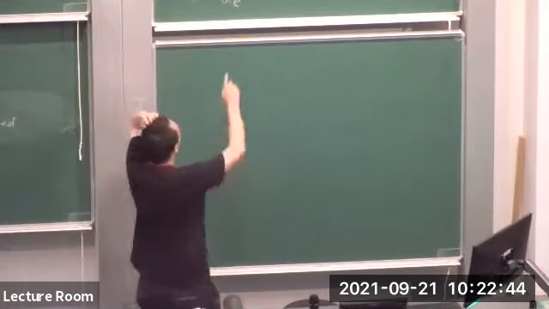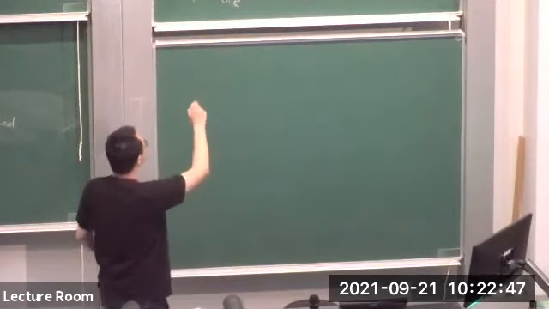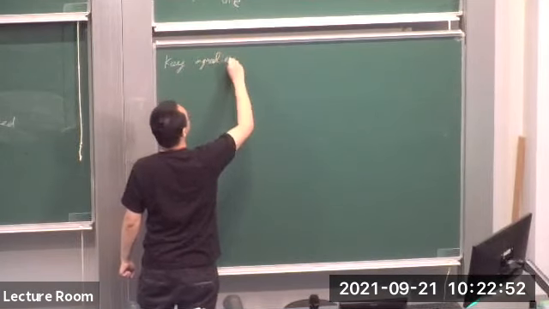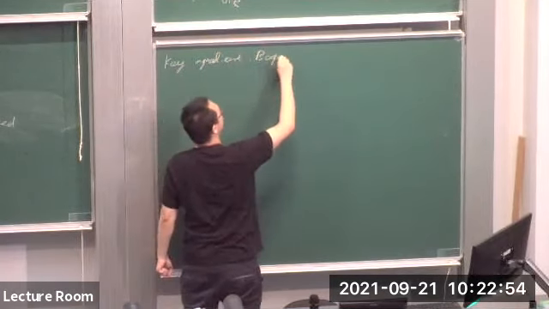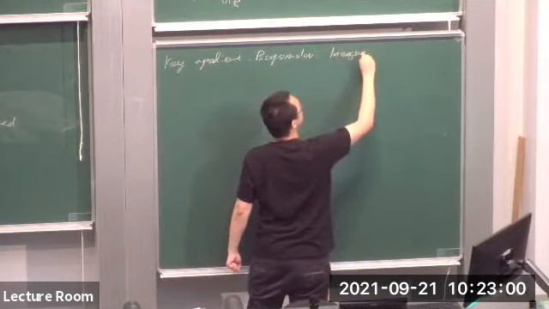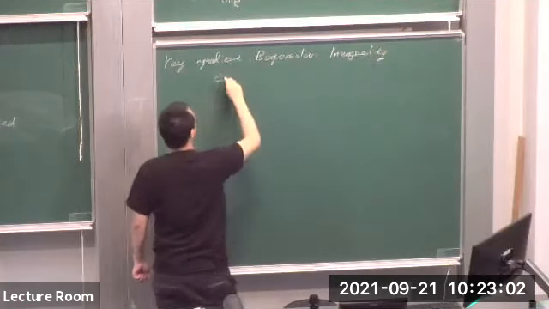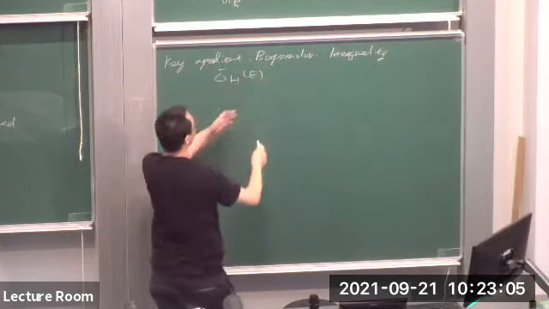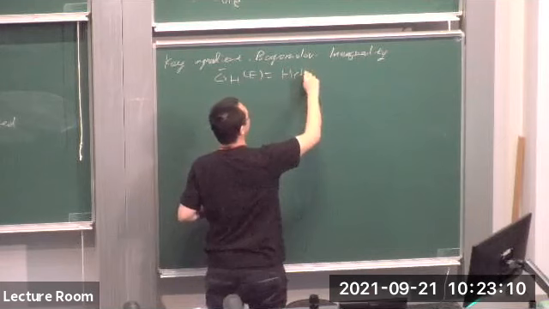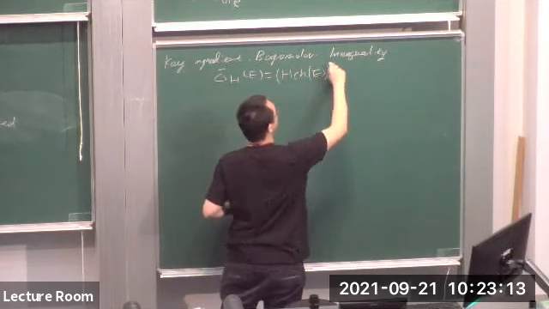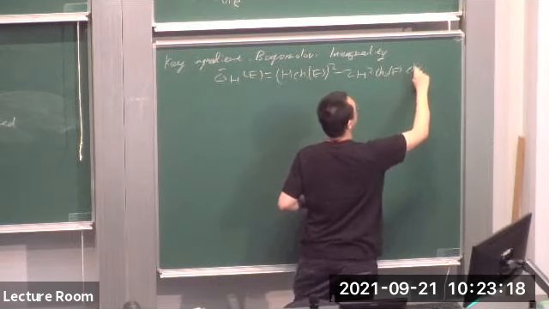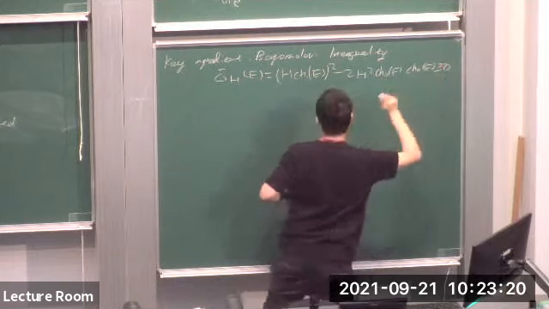If you run through the proof written by them, you'll find that the key ingredient is the classical Bogomolov inequality, which means that for a stable sheaf E, if you define the discriminant, which is ch_1 squared minus 2 times ch_0 times ch_2, this one is always larger than or equal to 0.